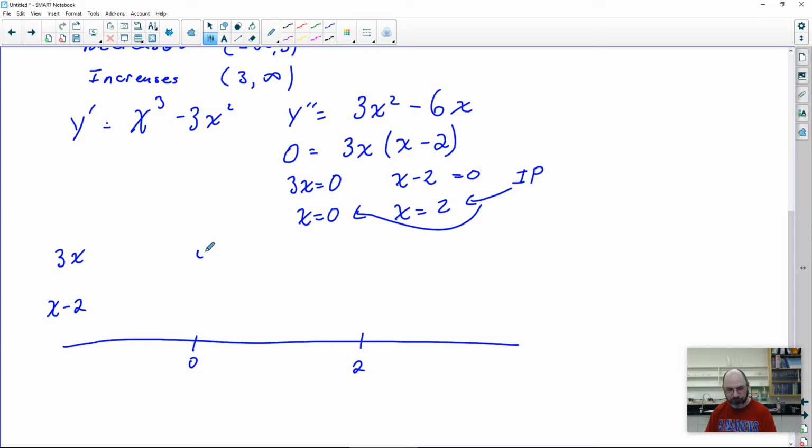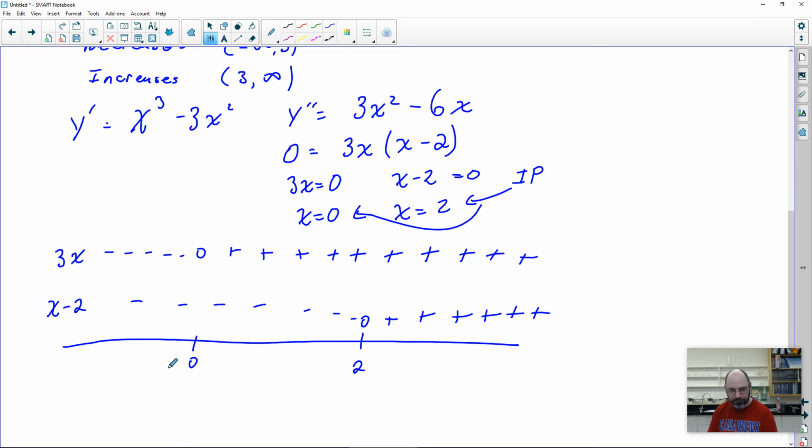So this is 0 there, and this is 0 here. 3x is negative here, because it's not squared, right? And positive here. Oop, I forgot to put the positive after the 2 here. Okay, so this is positive, this is negative, and this is positive.